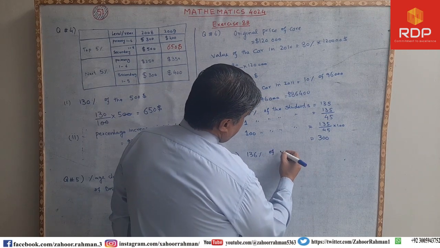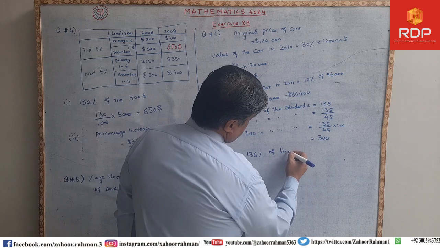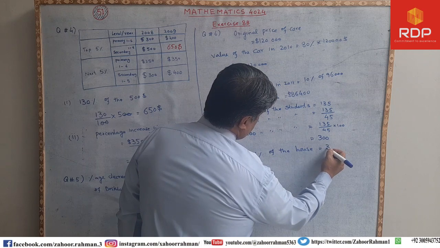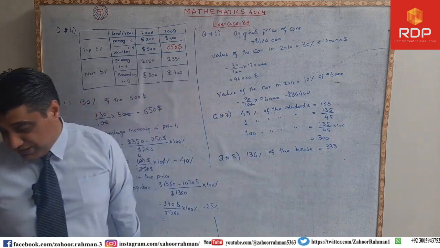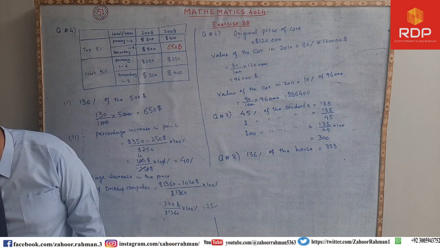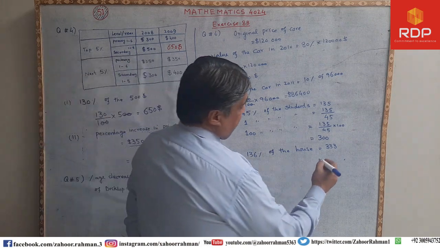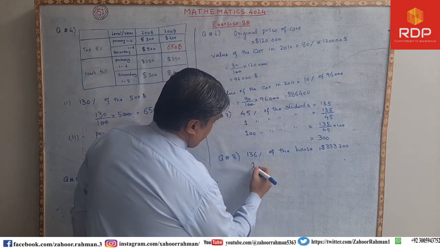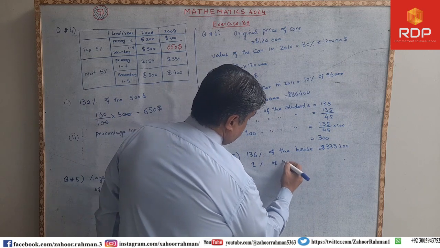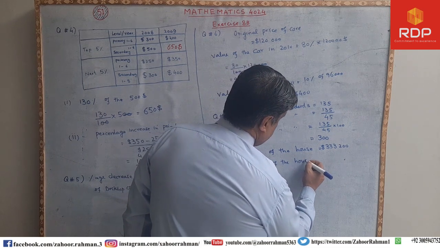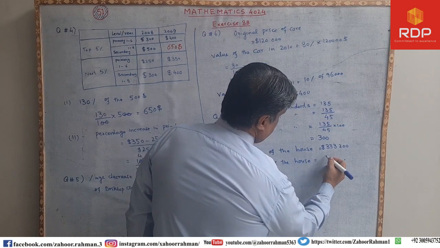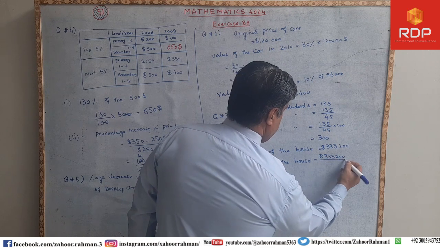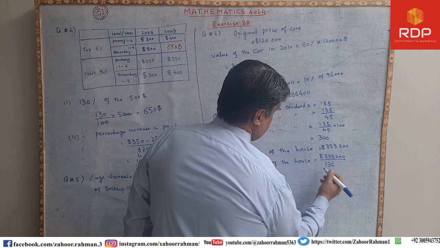136% of the house when it was built is $333,200. Now we have to find 1% of the house when it was built. So it means $333,200 divided by 136.